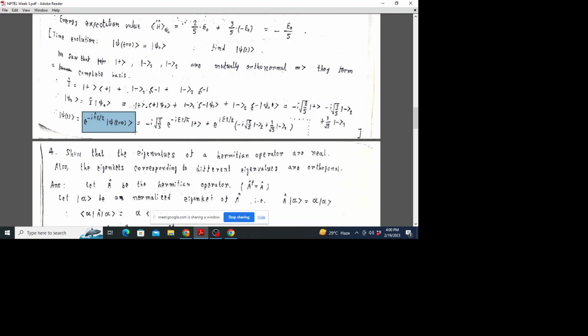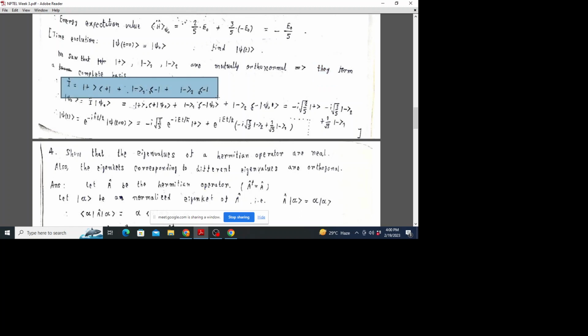So what to do? We usually find the resolution of this psi naught in terms of energy eigenstates. We saw that these three energy eigenstates are mutually orthonormal, and that means they form a complete basis.